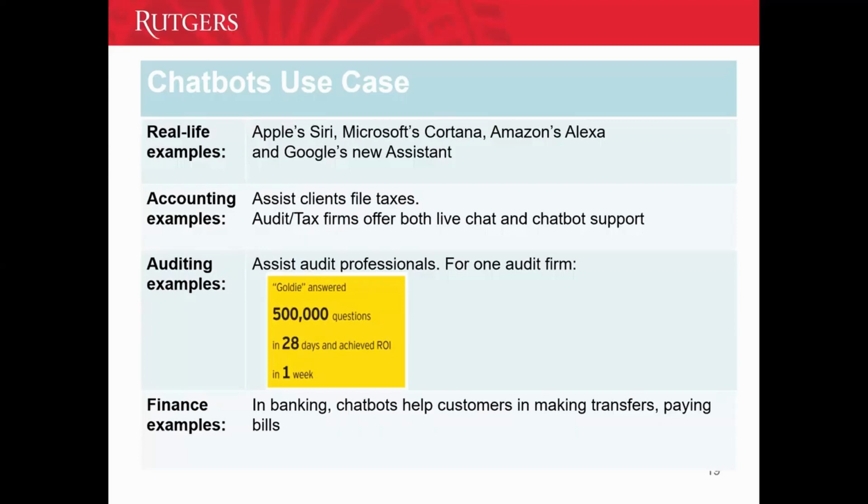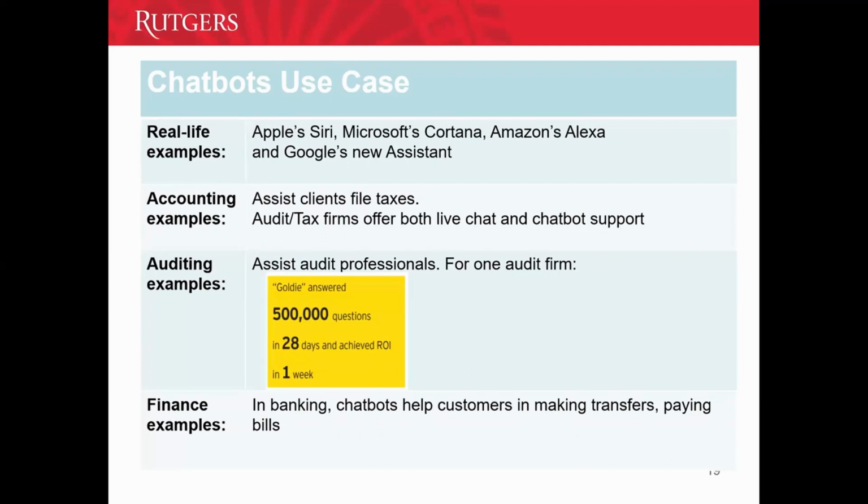So how can I access my pay slip, those type of questions. This was deployed first to just answer general human resource questions of employees, not to really support the audit work of employees.